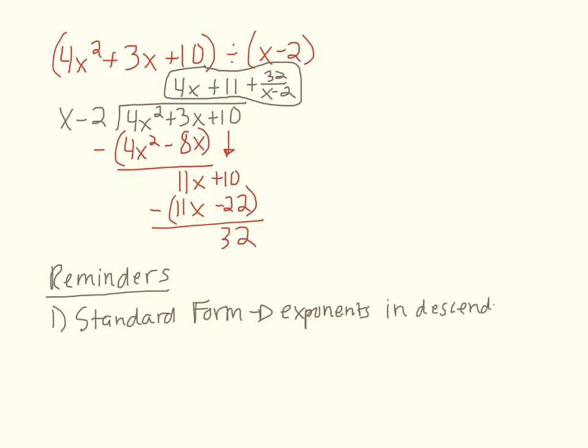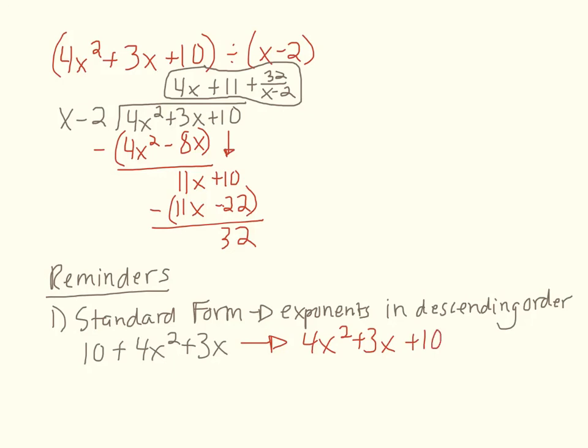So, for example, if 4x squared plus 3x plus 10 was written as 10 plus 4x squared plus 3x, before you divide you have to write that as 4x squared plus 3x plus 10.